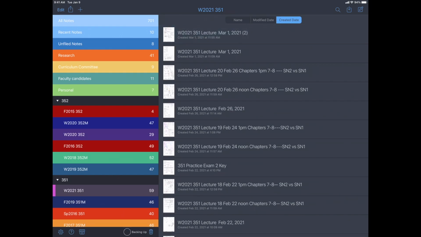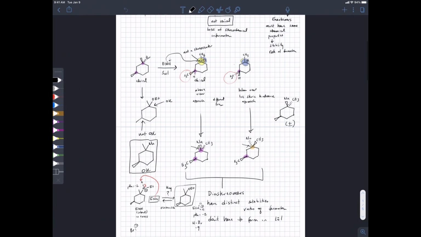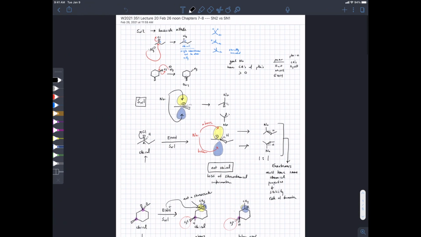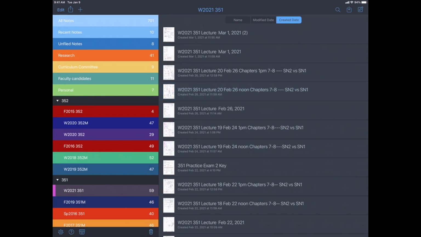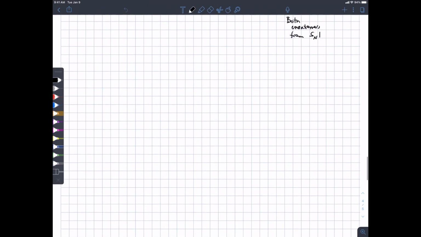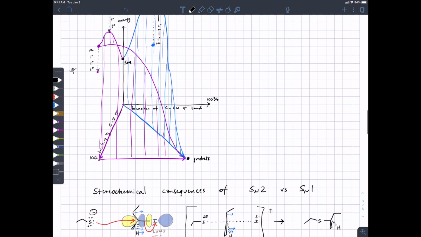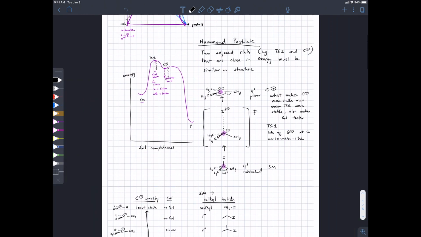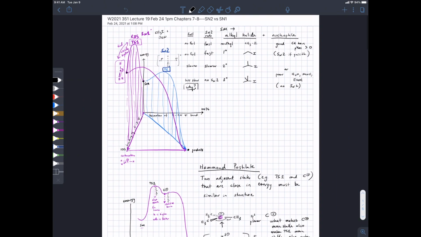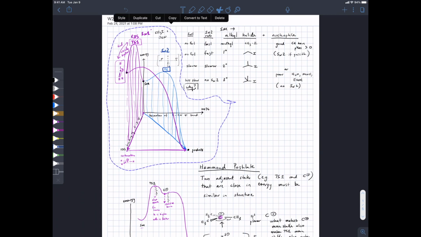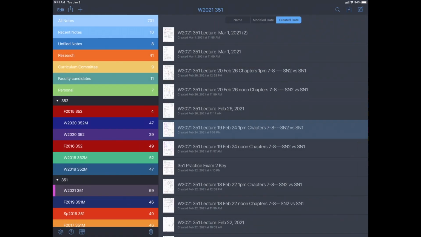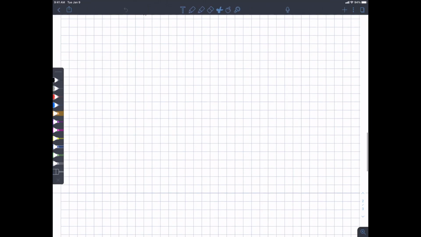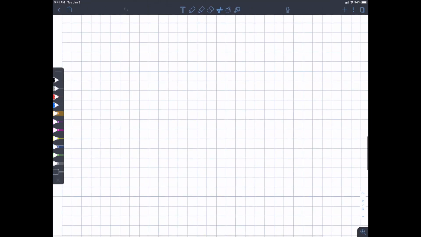Let's try to show that. Let's see, where did we do that? Ah, there it is, a lovely energy diagram, which we are now going to make worse than it was.